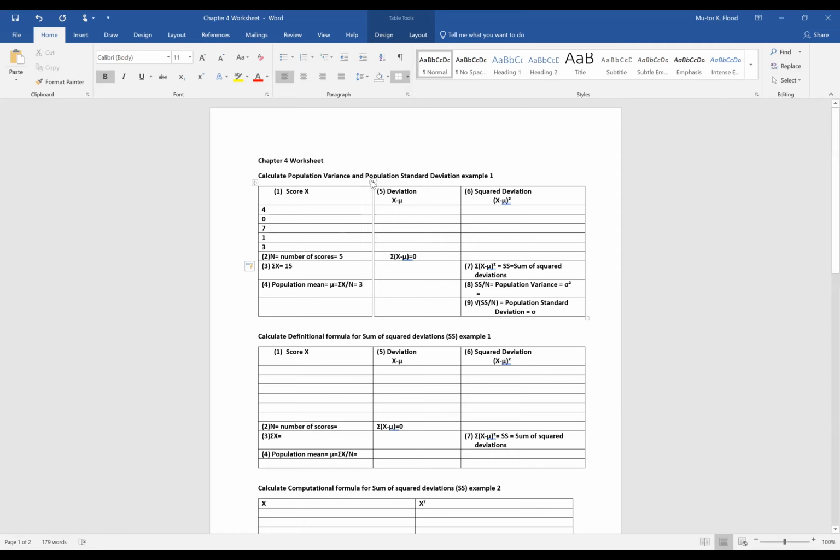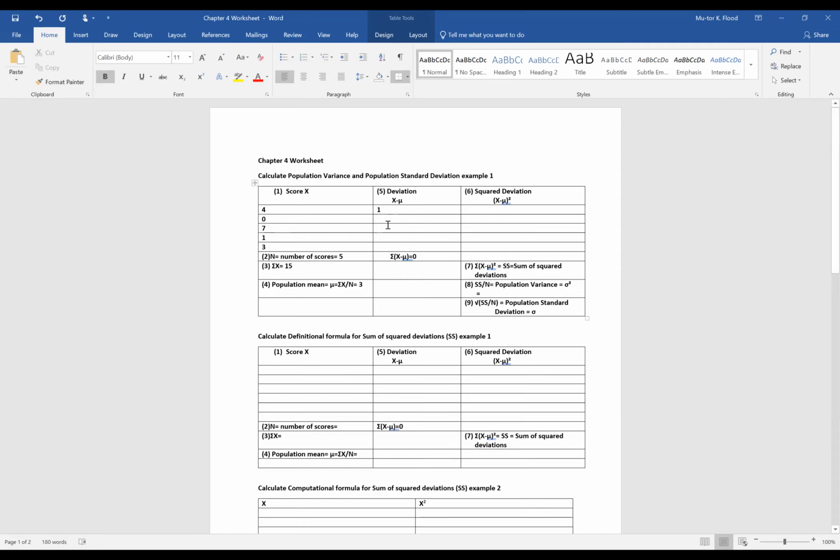So now we move over to step 5. Step 5 is we're going to get a deviation score for each of our scores. Let's go back, rewind. 4 minus the mean, which is 3. 4 minus 3 gives us 1. 0 minus the mean, which is 3.